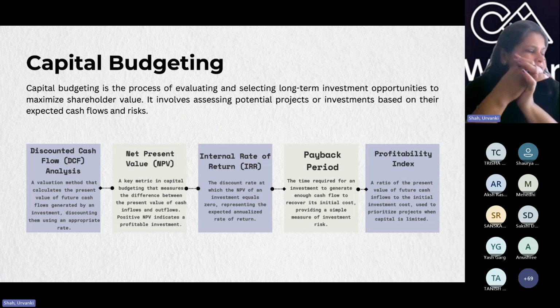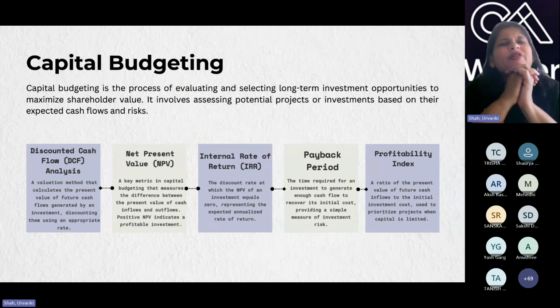Payback period. Now, what happens? Suppose you invested in an ice cream or a watermelon business. Say you invested 200 million in an ice cream business as an inventory, not 200 rupees. We take 200 million, right? So you would have taken an X inventory of ice creams, and similarly, you would have taken a watermelon.